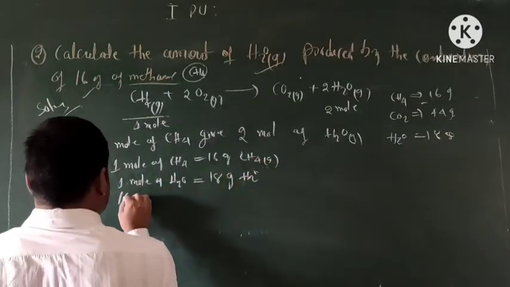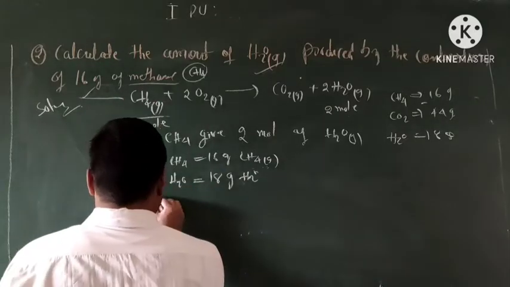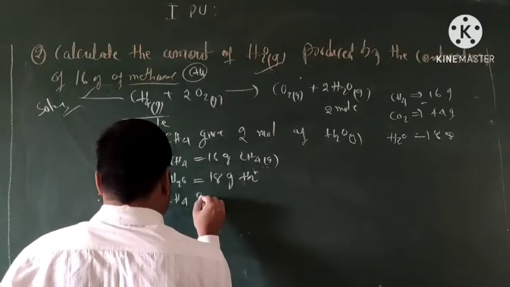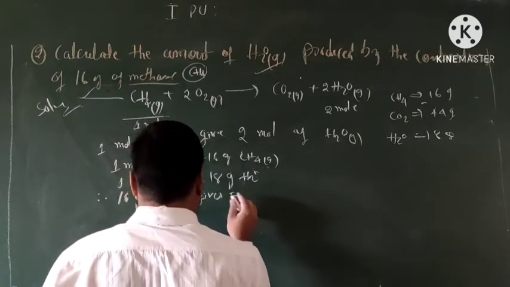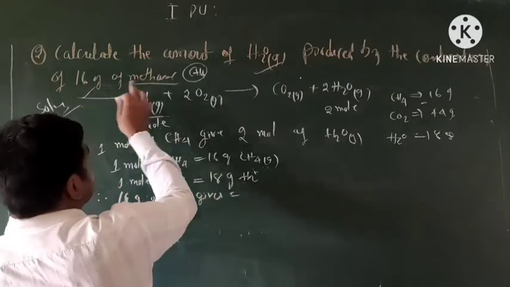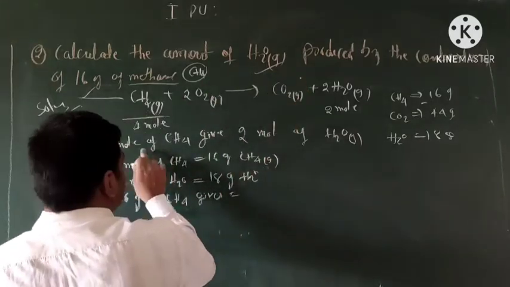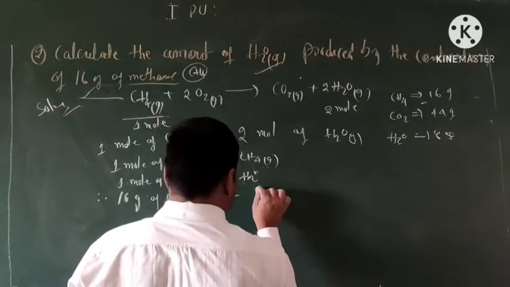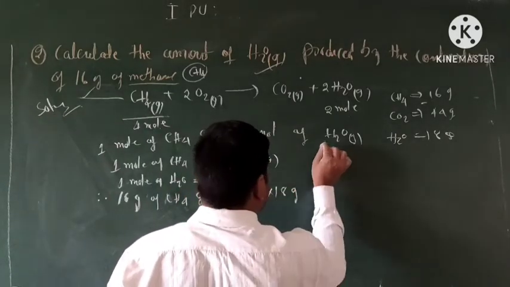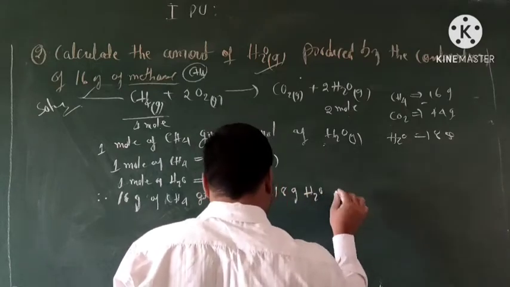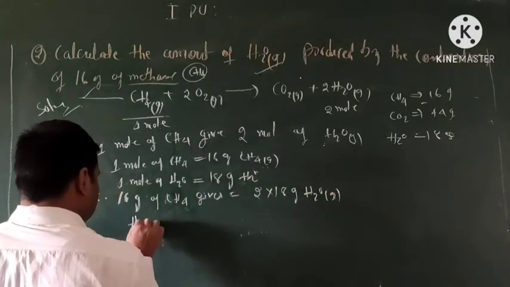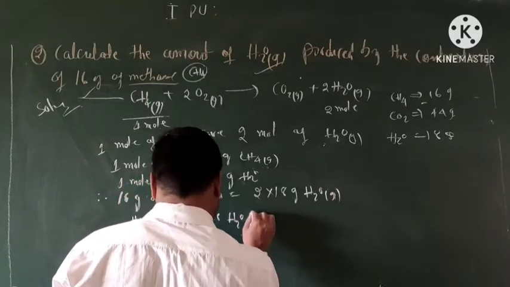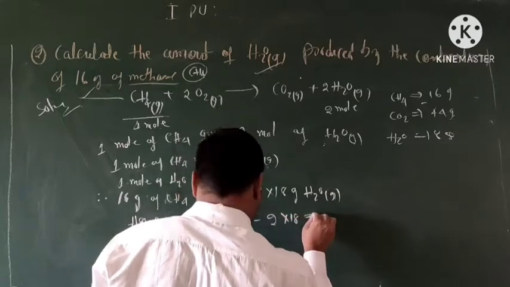Hence 16 gram of methane gives how much? 1 mole of methane gives 2 moles of water, so 16 gram of methane gives 2 into 18 gram of water. We can write it in the form of 2 moles of water, 2 into 18.